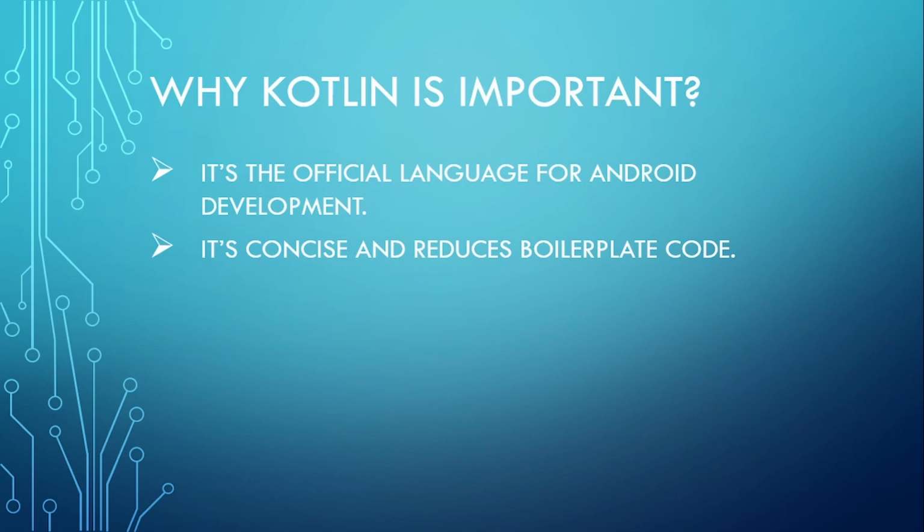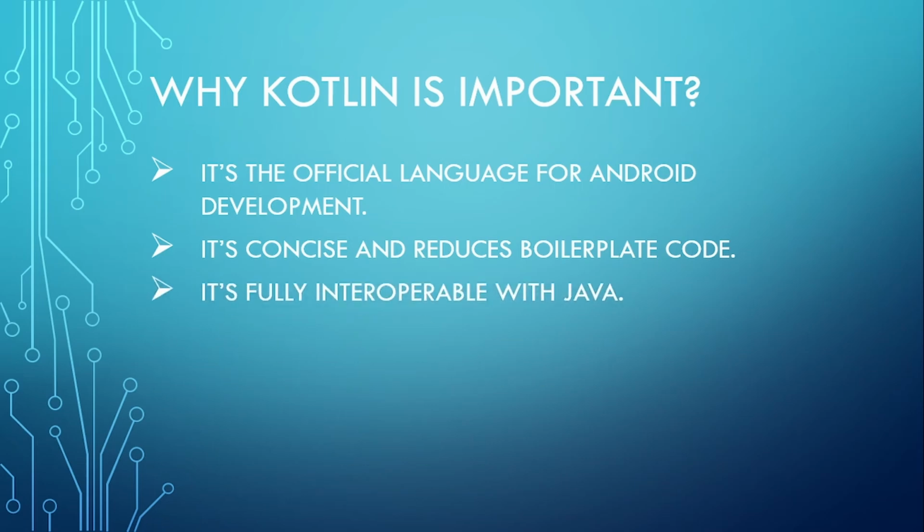It is concise and reduces boilerplate code. It means that when we are writing the code with Java programming language and compared to Kotlin programming language, it is much more easier and readable, and especially it is less code compared to other programming language like C++, Java.